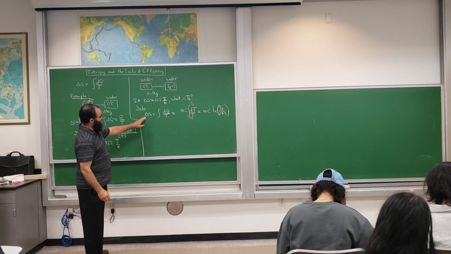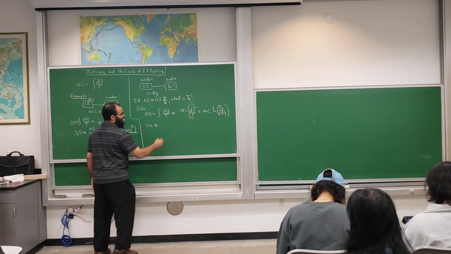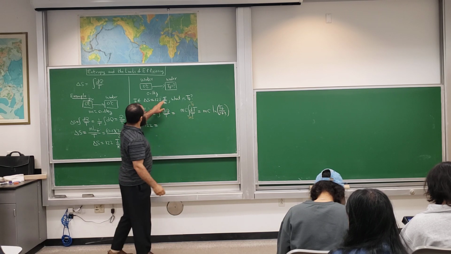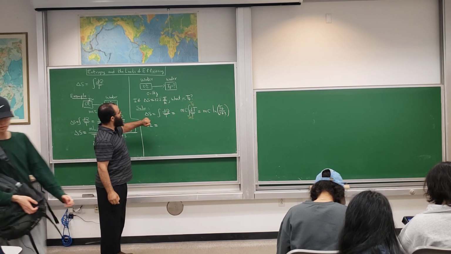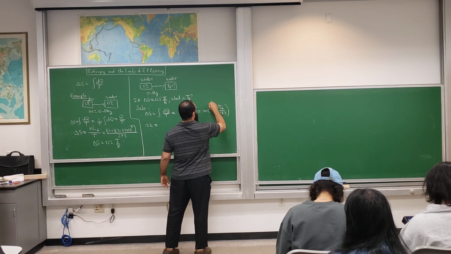So on the left side, I have delta S, which is 122. On the right side, I have mC. The mass is 0.1. Now, what's the specific heat of water?